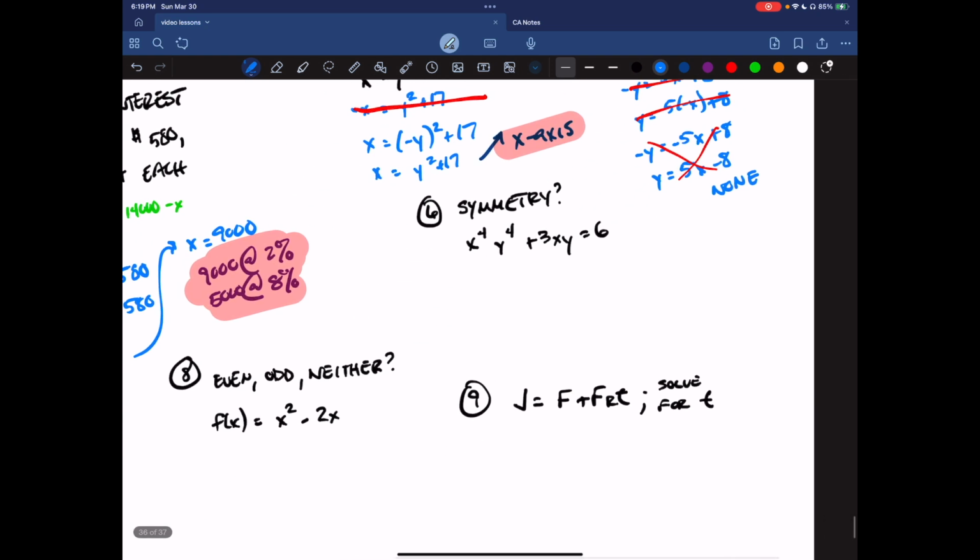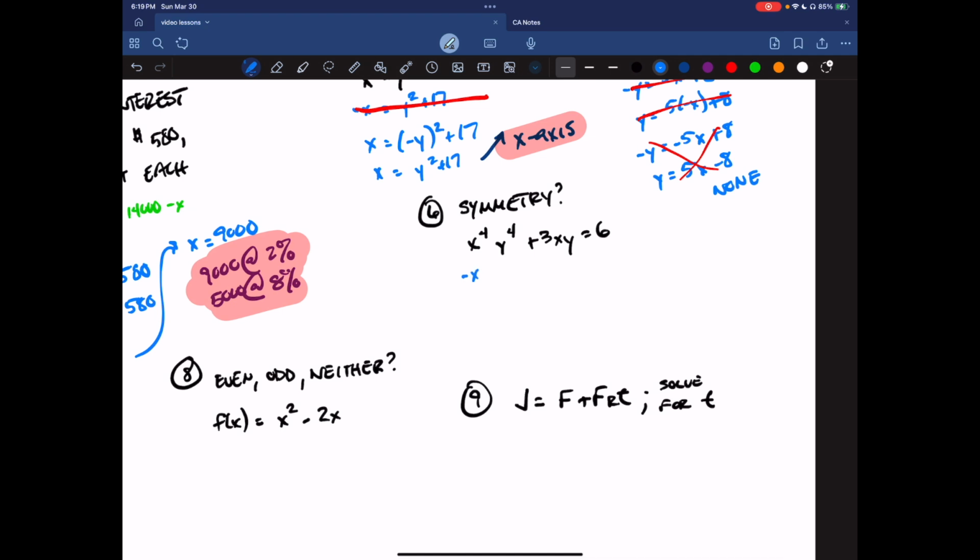So number 6, I plug in negative x. It's x to the fourth, y to the fourth plus 3 negative x, y equals 6. Okay, that's going to be x to the fourth, y to the fourth minus 3xy equals 6. That's very close to what I originally started with, but it's not. So I don't have y-axis symmetry. Let me try negative y.